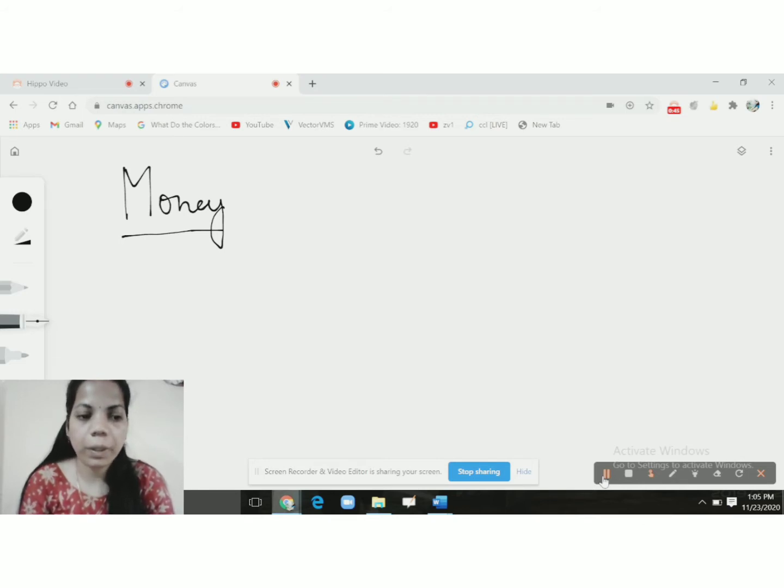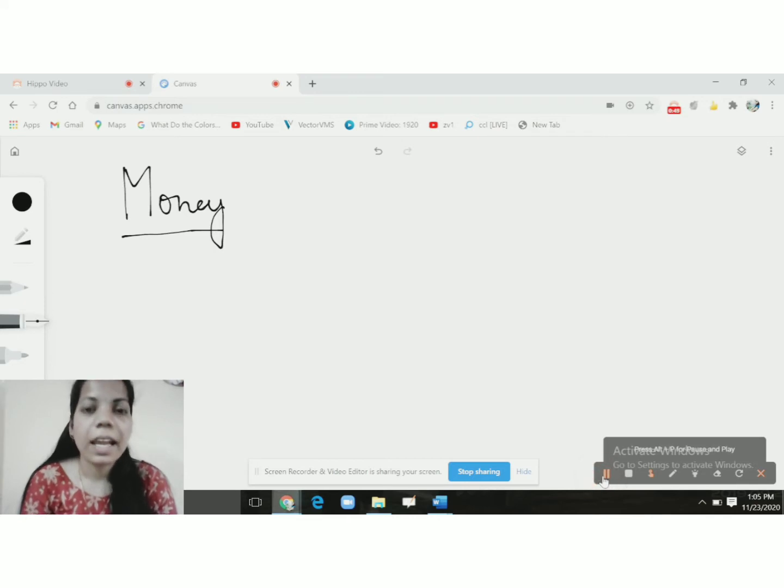Can anyone say what is the currency of Indian money? Yes, Indian currency is called rupee, and the sub unit of rupee is paise.